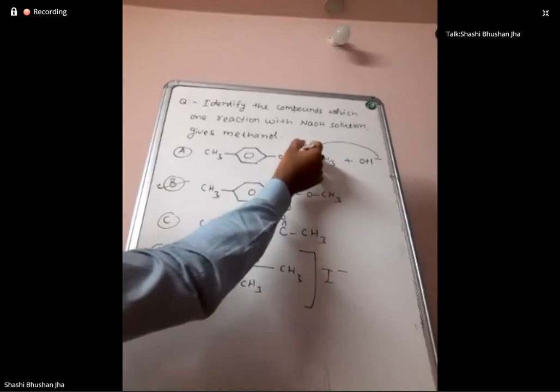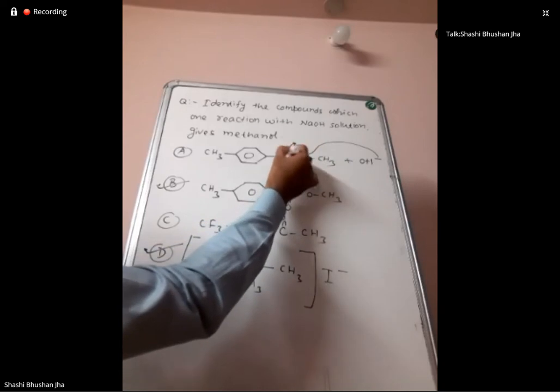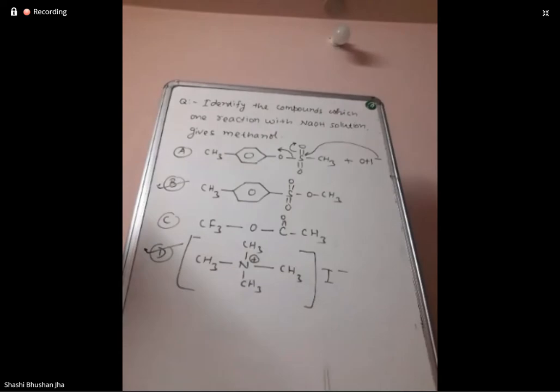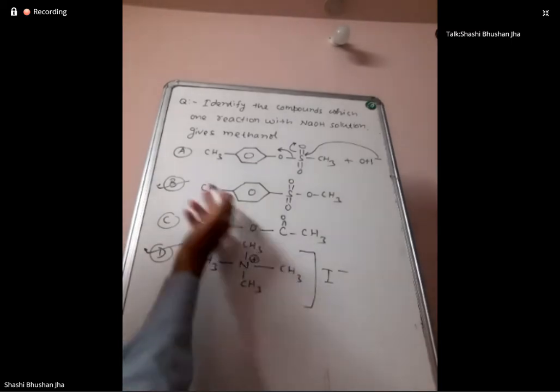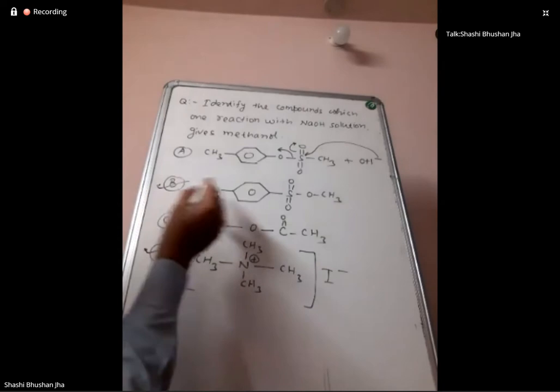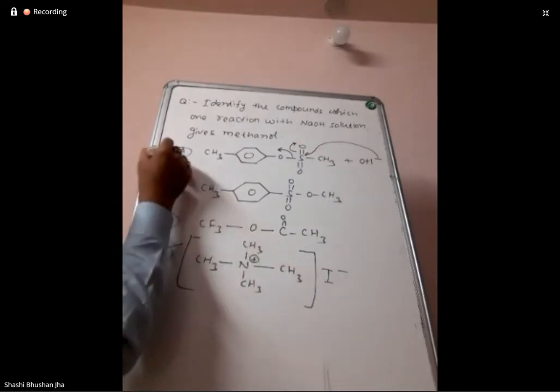Then that negative charge will come back and this sulfur-oxygen bond will break. So this way the reaction will happen. So what product will you get here? Phenol and methyl sulfonic acid. Methyl sulfonic acid and phenol, that means paracresol. So you are going to get methyl sulfonic acid and paracresol.